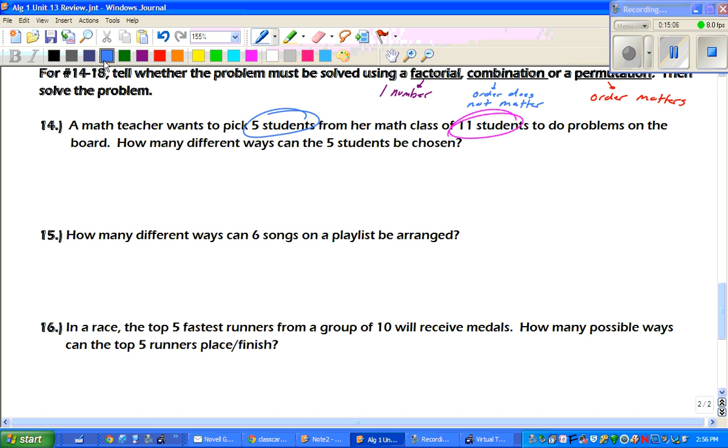Number 14. Does order matter? Hopefully you read it, because order does not matter here. That means we're doing nCr. So 11C5. On the top is an 11.